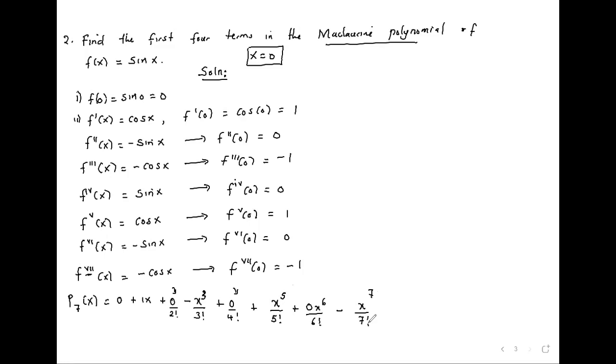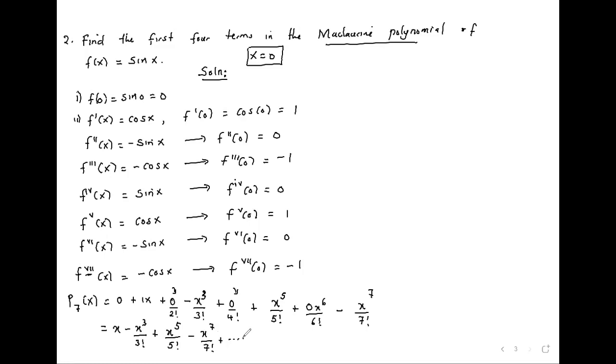So this means that the first 4 terms that we want will be x minus x cubed over 3 factorial plus x to the 5 over 5 factorial minus x to the 7 over 7 factorial.